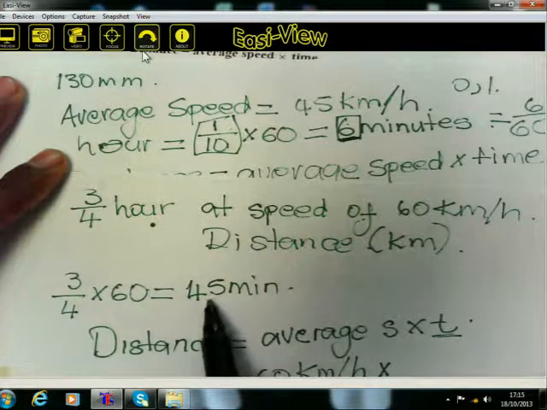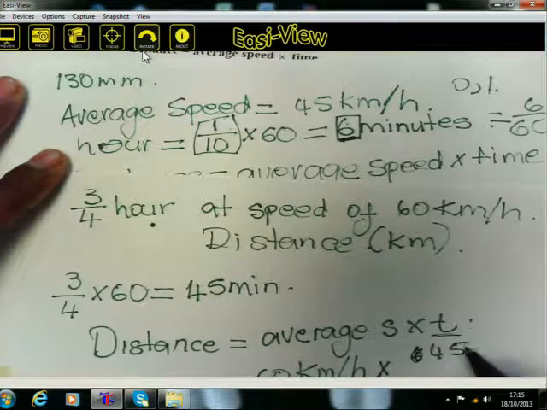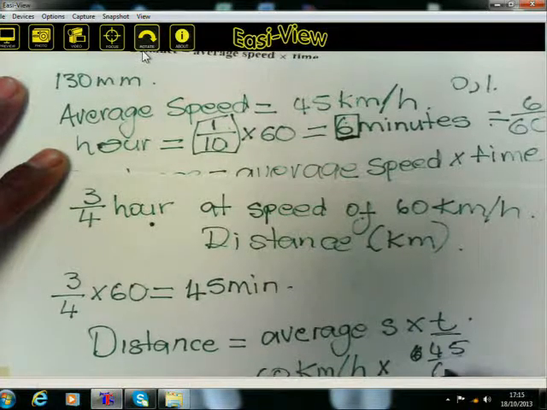Again, 3/4 of an hour is the same as 45 divided by 60.